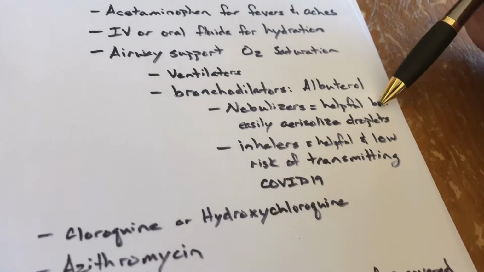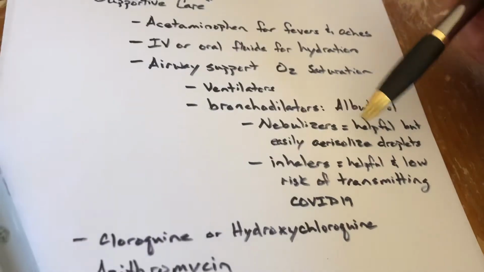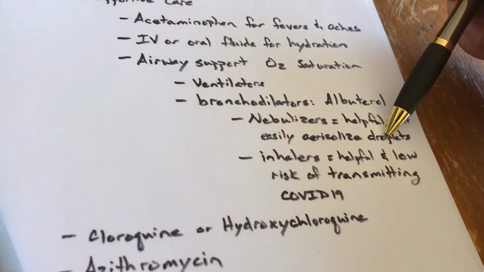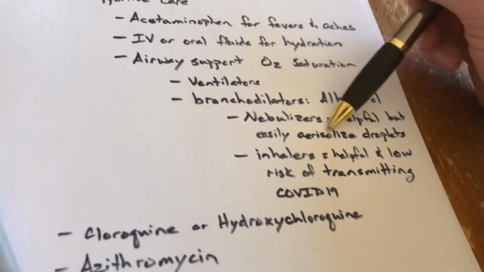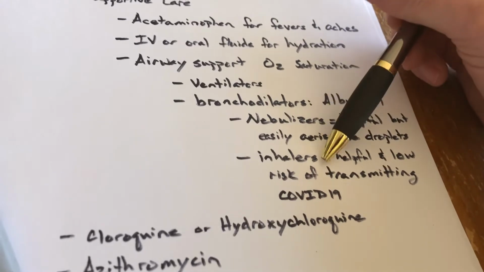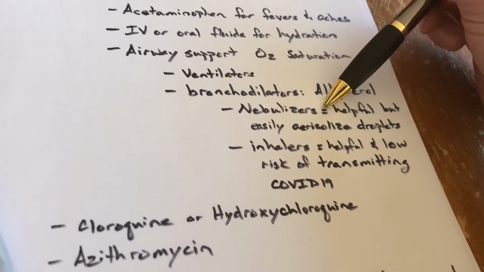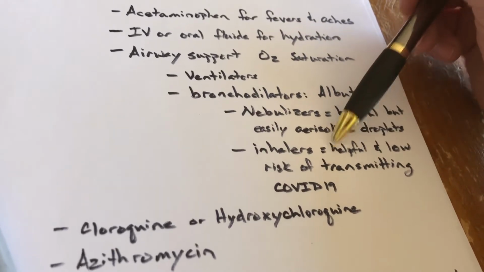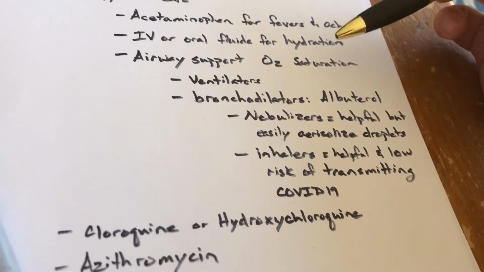The problem is they're worried that a nebulizer aerosolizes droplets that could contain infectious material and spread the disease to the caregivers around the person being nebulized. So for that reason, they are favoring use of inhalers instead of nebulizers. But to be clear, it's the same active ingredient, and both are very helpful to the patient themselves.